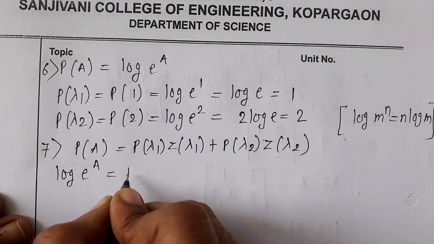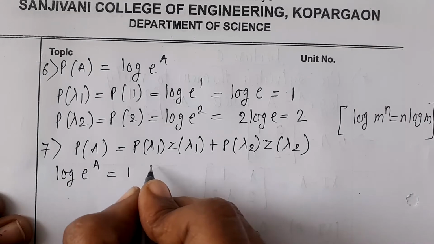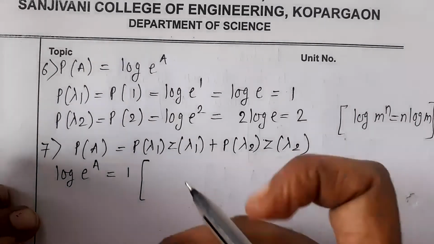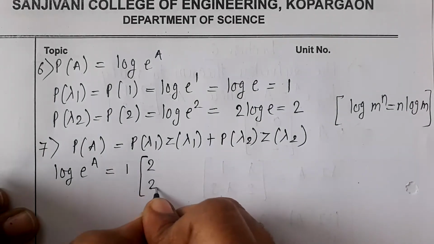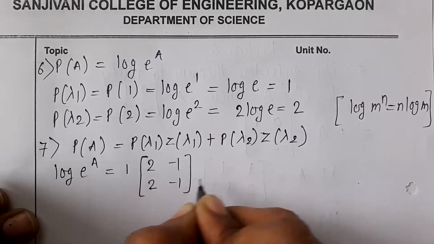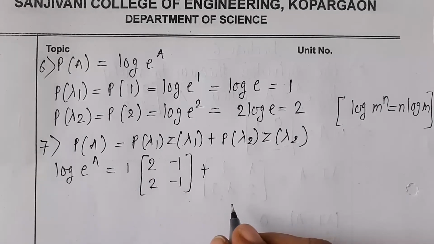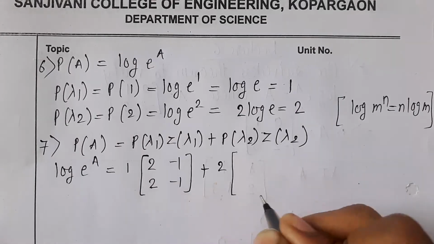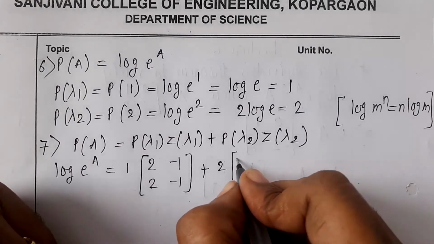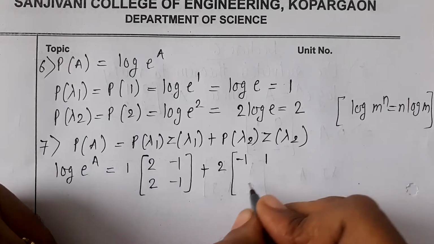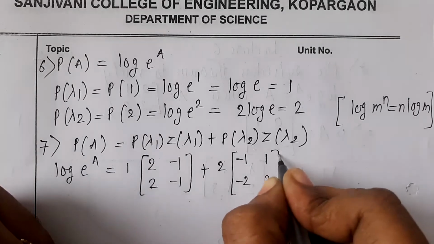Z of lambda 1 is 2, minus 1, minus 1, 2 minus 1, plus P of lambda 2. P of lambda 2 is 2, multiplied by Z of lambda 2, which is minus 1, 1, minus 2, 2.